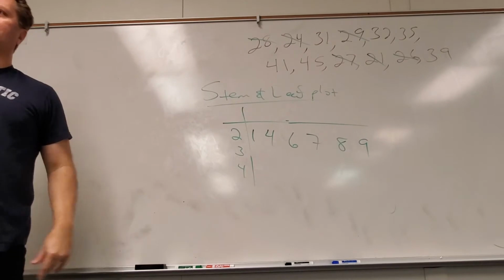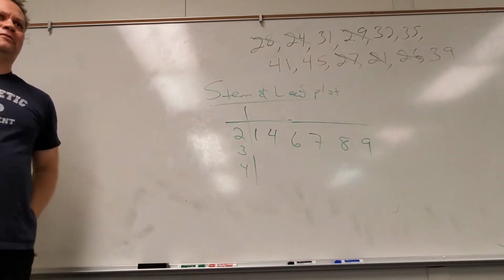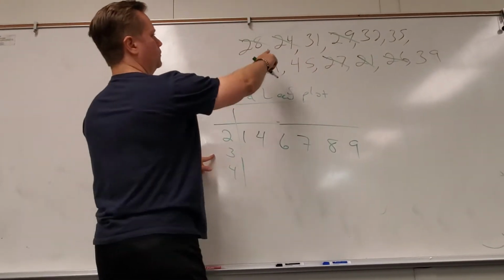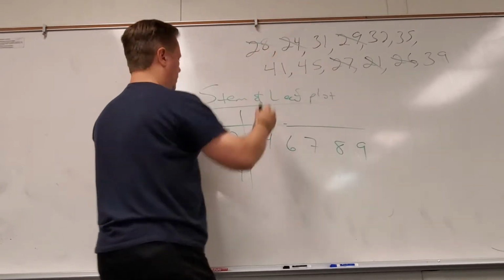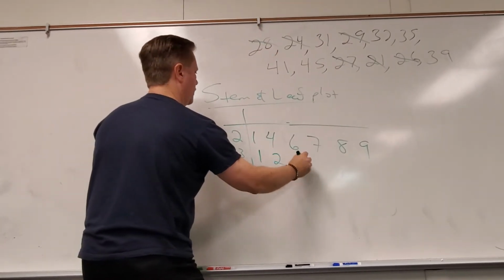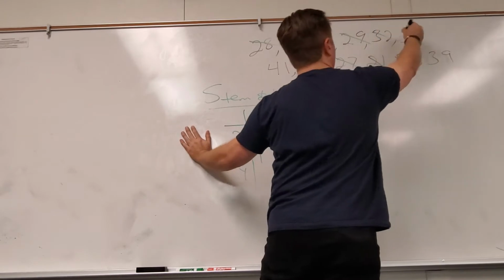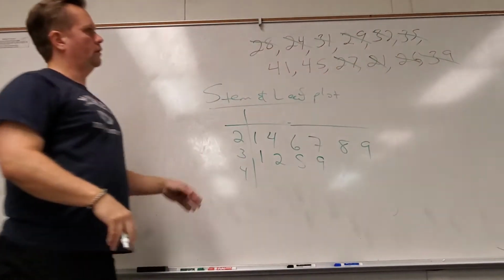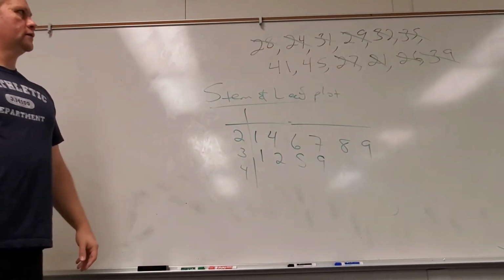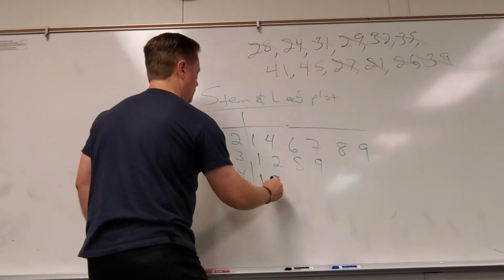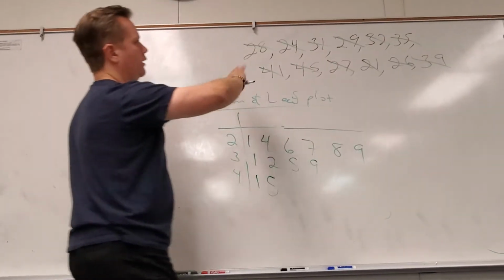Is that hard? Okay. And then the 30s: 31, 32, 35, 39. So 1, 2, 5, 9. And then the 40s: 41, 45. Looks like I got everybody.